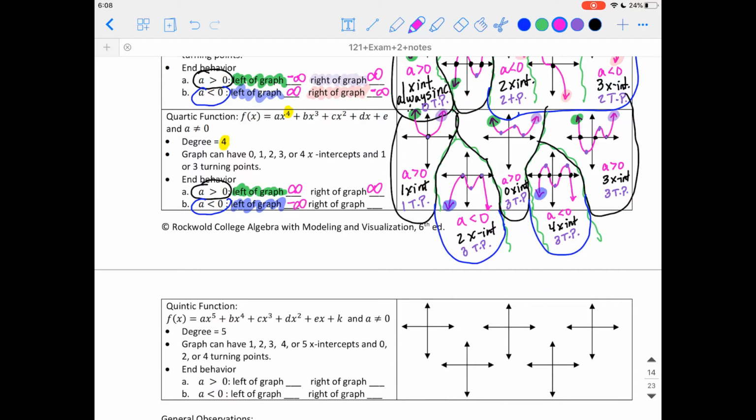So it's going to be negative infinity. And the right of the graph is that arrow or that arrow, and it's also headed towards negative infinity. And I forgot to highlight the other purple. There we go.